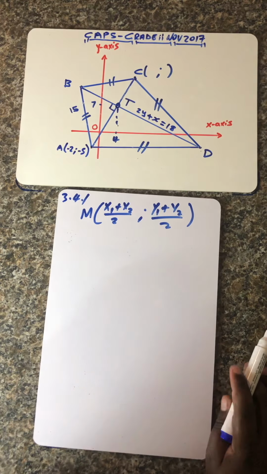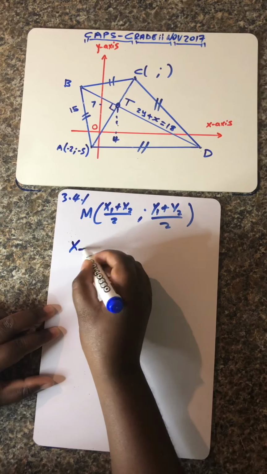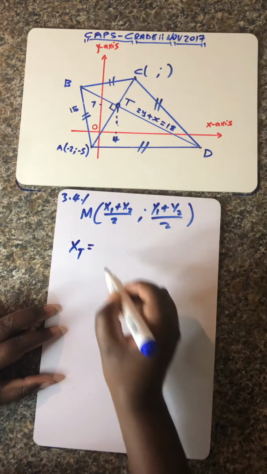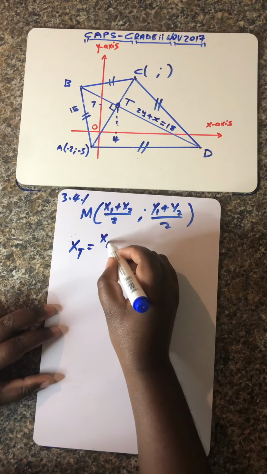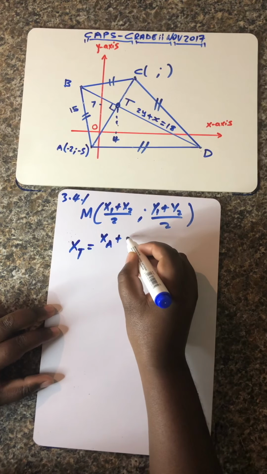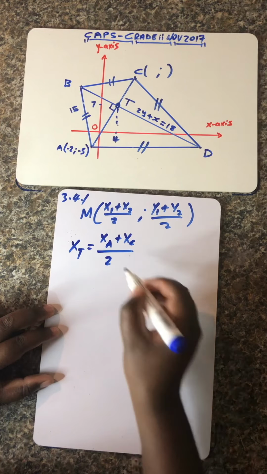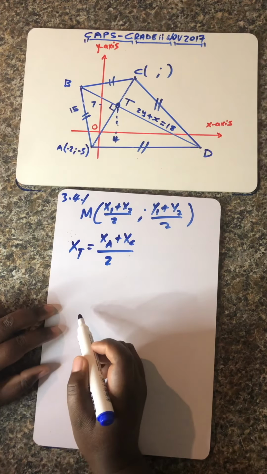So remember, guys, the x at T obviously is the x at the midpoint. It equals the x at A plus the x at C, divided by 2. The x at T we already know.